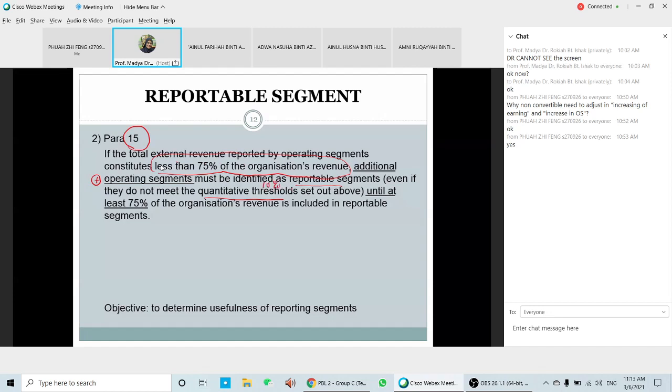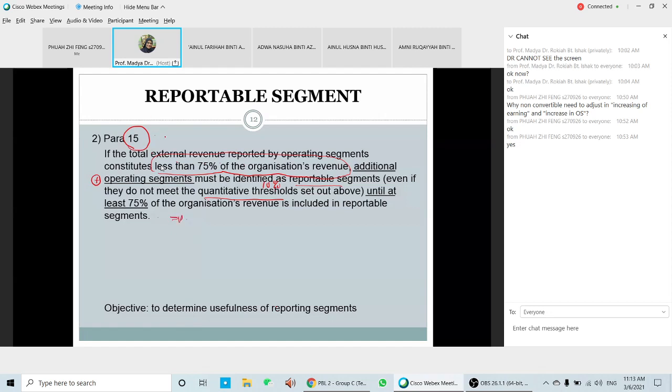You keep adding until you reach at least 75% of the organization's revenue. The objective is to determine the usefulness of the reporting segments. So you have to be careful here.